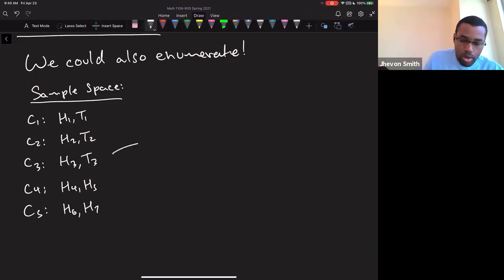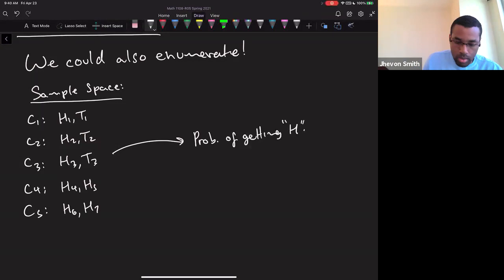And now you want the probability of getting heads. Well, total options. Here you'd realize that the size of the sample space is 10. There are 10 things.